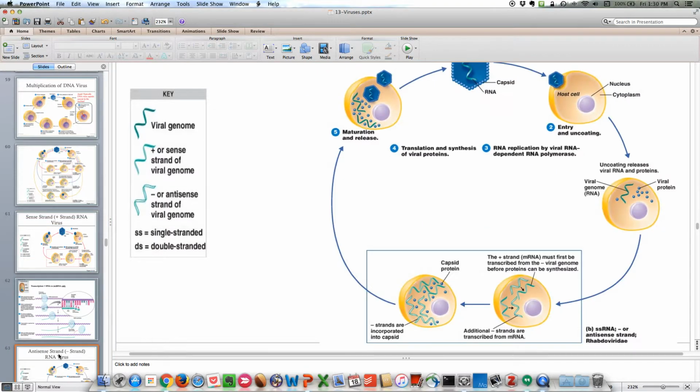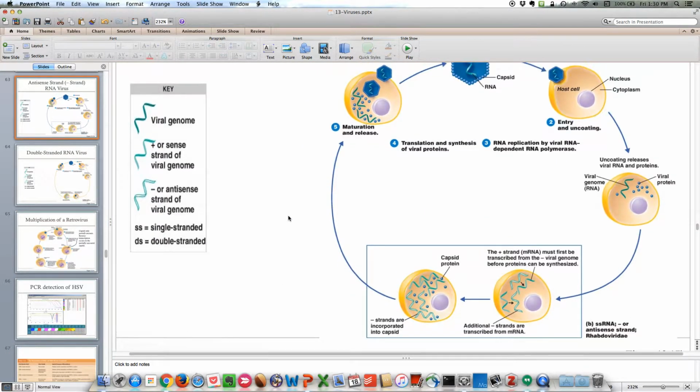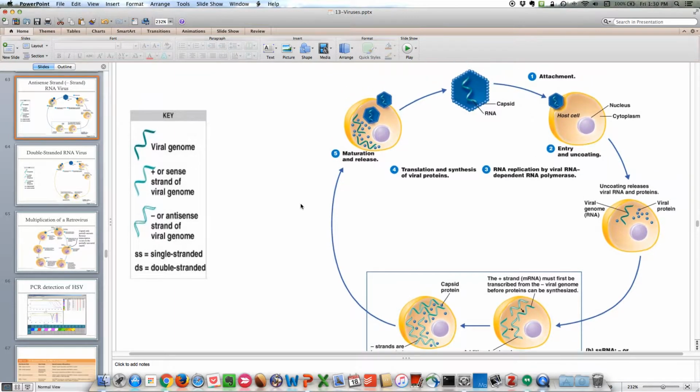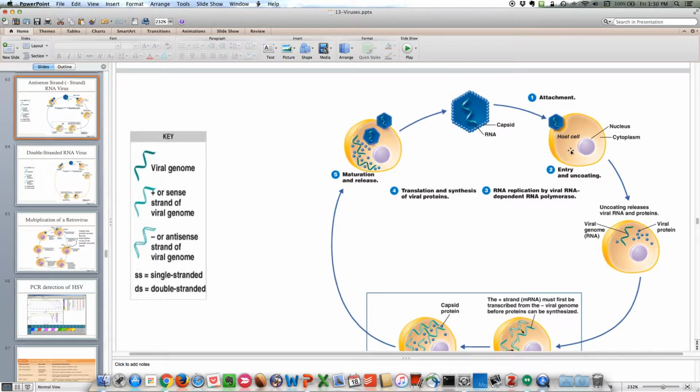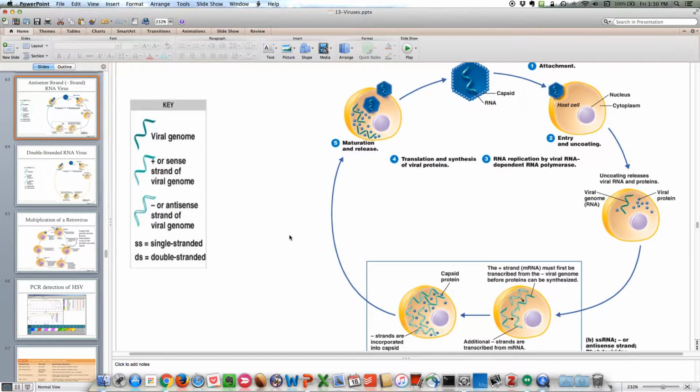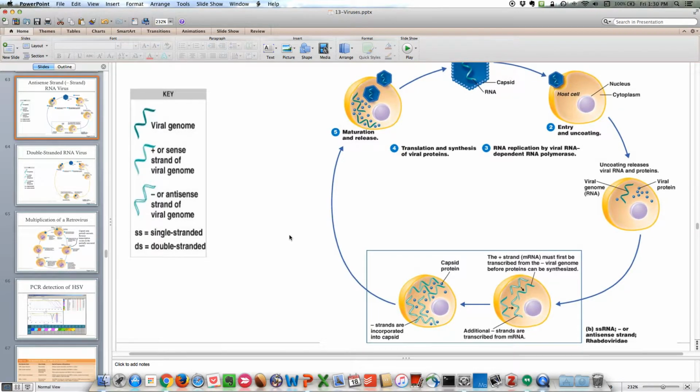Now, if we go forward and look at negative sense RNA viruses, it's a little bit of a different story. Again, you have attachment and entry into the cell and uncoating. But this time it's critical that the virus brings with it its own RdRp. Again, what we're talking about is an RNA-dependent RNA polymerase.